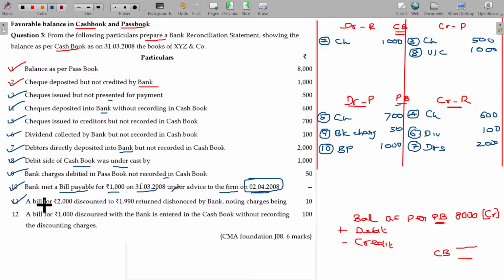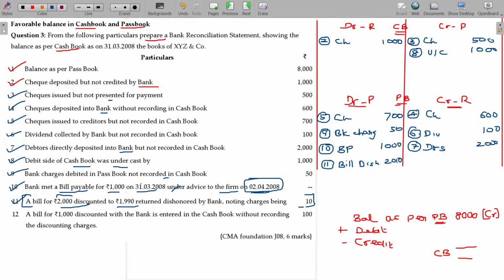11th, a bill for rupees 2,000 discounted for 1,990, returned dishonored by banker, noting charges being 10. Now dishonored, so automatically it should be posted in the payment side. Bill dishonor, the value being 2010. You have to understand the bill of exchange concept to understand the value properly.